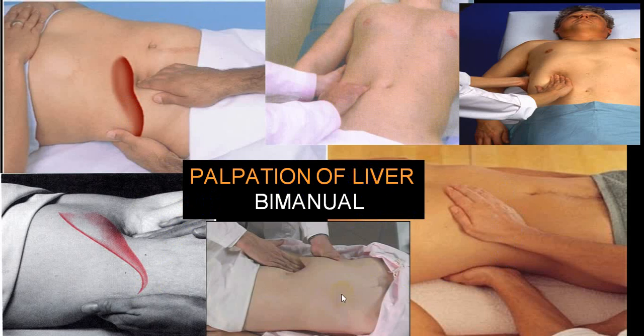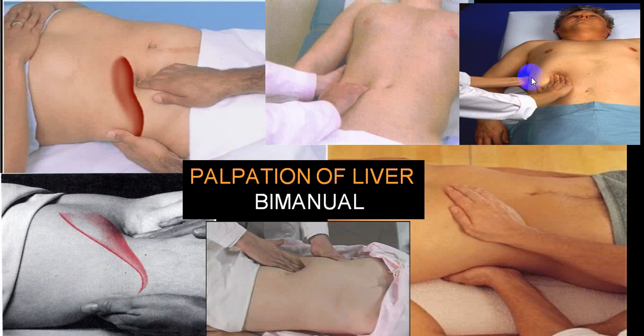Once in a while this can be asked to you in your oral. So there will be one pushing hand, one palpating hand. By and large, when you are palpating the lower border, you can push from the back, and sometimes you can push from a right hypochondrium towards your palpating finger.